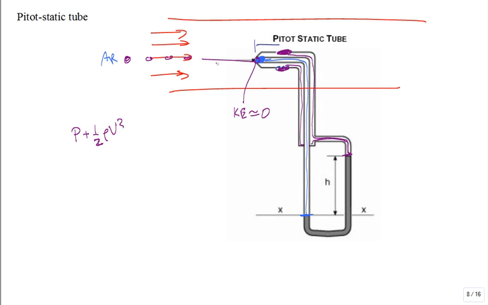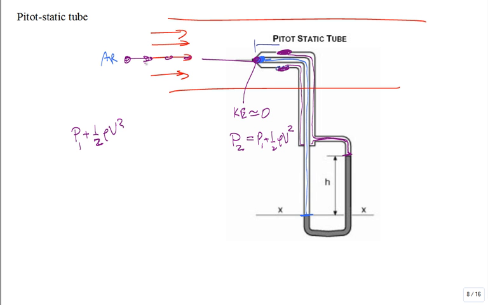Okay, so this pressure right here, because the kinetic energy goes down, is the highest, isn't it? Isn't P2 at the stagnation point at the tip of the Pitot static tube higher than P1? It is. And so it's going to be P1 plus 1/2 rho v squared, whatever that velocity is back here as it approached it. That's that kinetic energy per unit volume plus the static pressure.